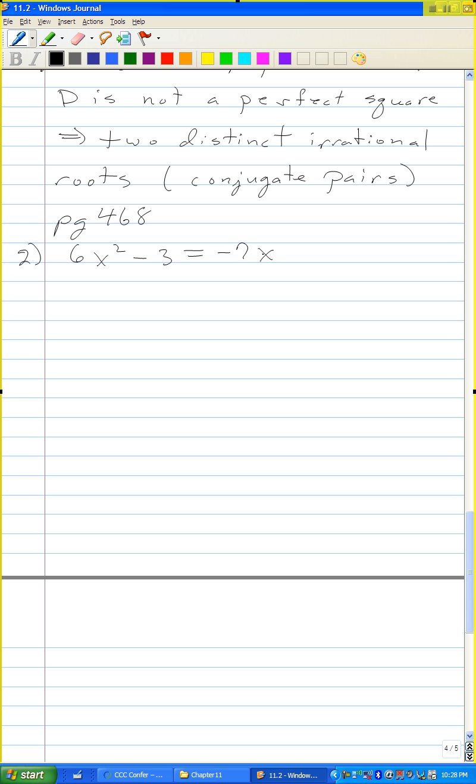In exercises 1 through 10, write the equation in the form ax squared plus bx plus c, and then identify a, b, and c.